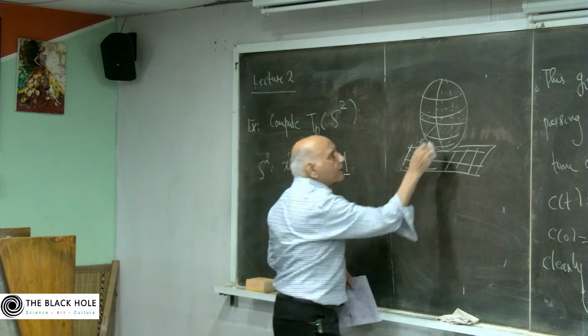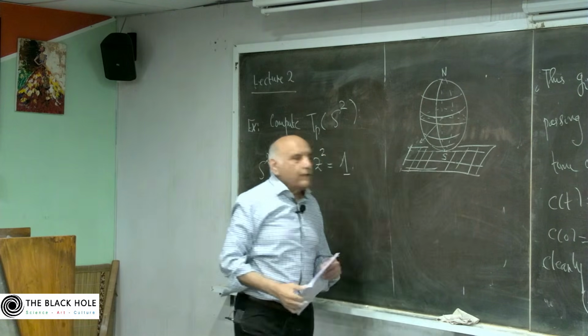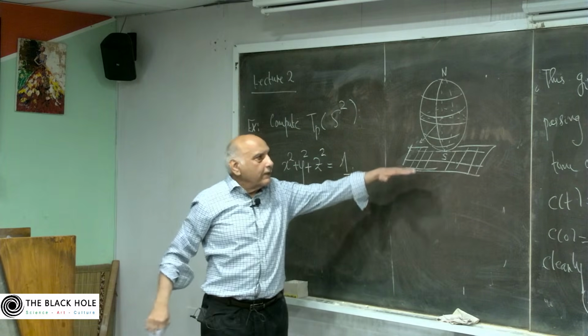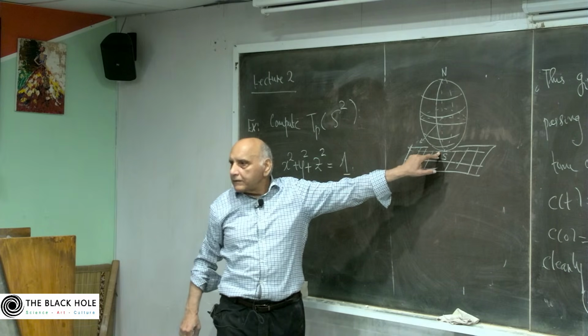This is the north pole and this is the south pole. So what is this? This is the tangent space at the south pole.